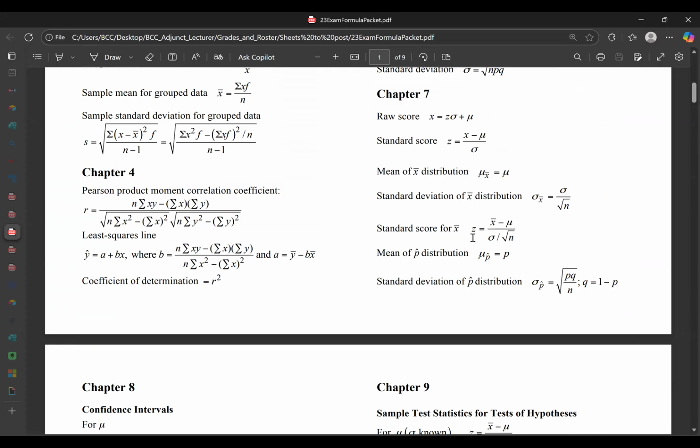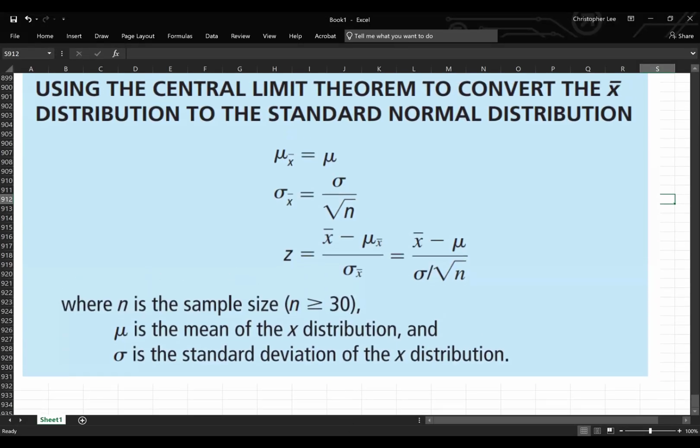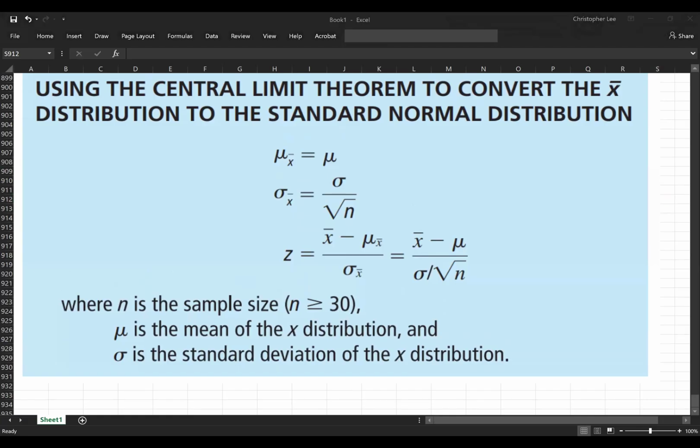You should be good to go. Questions? Are we good? Yes, you can use it, and you can use your two formula sheets as well.